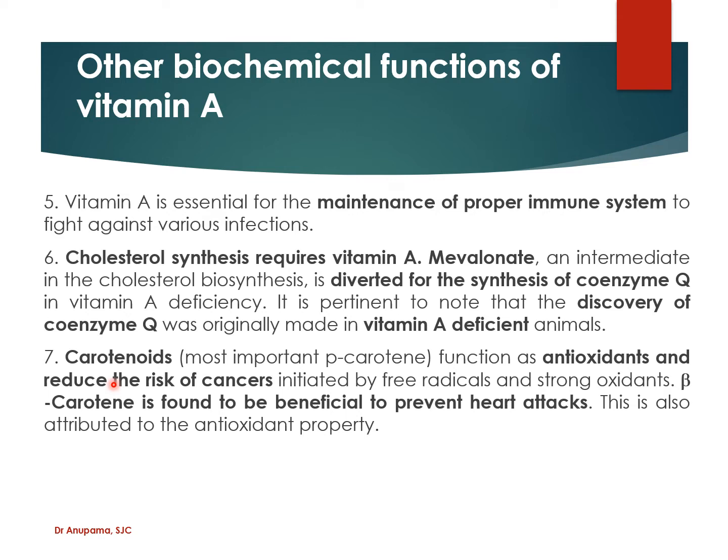Carotenoids, the most important being beta carotene, function as antioxidants and reduce the risk of cancers initiated by free radicals and strong oxidants. Beta carotene is found to be beneficial to prevent heart attacks. This is also attributed to the antioxidant property.